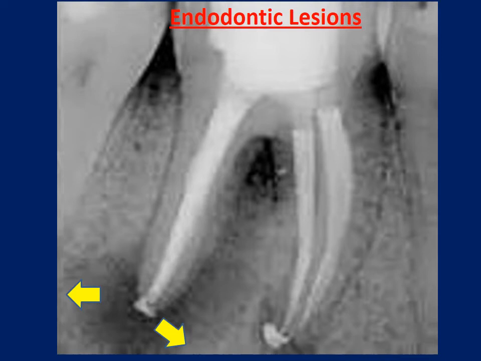The pus will extrude in the easiest way, in the vestibule area, maybe mesially, distally, or buccally, or sometimes it will go up buccally and lingually until it reaches or destroys the periodontal apparatus and opens in the gingival sulcus area for pus to ooze outside.